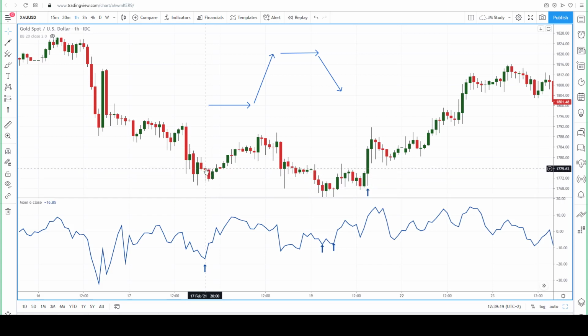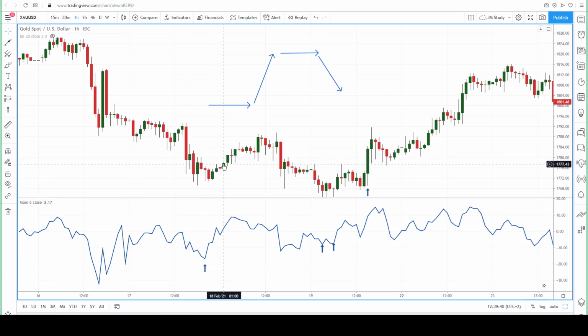Now this is interesting. Sometimes you get a down candle, but the indicator is already up. That's because it's the momentum indicator. It's comparing this to previous momentum here, how fast the price changed before.